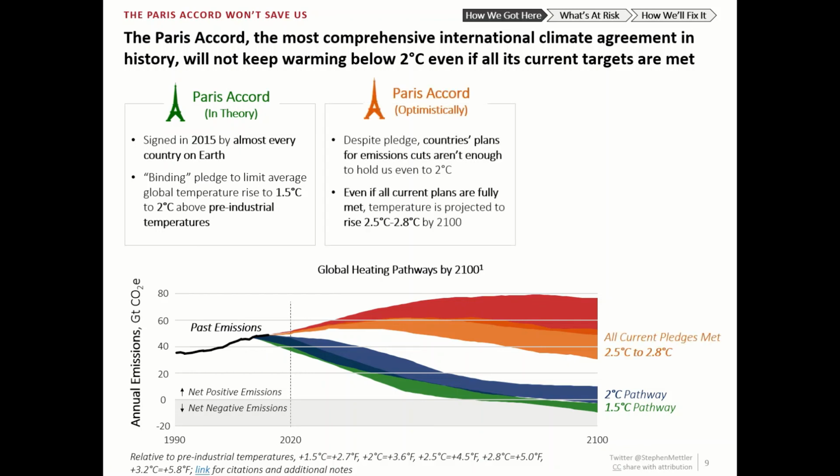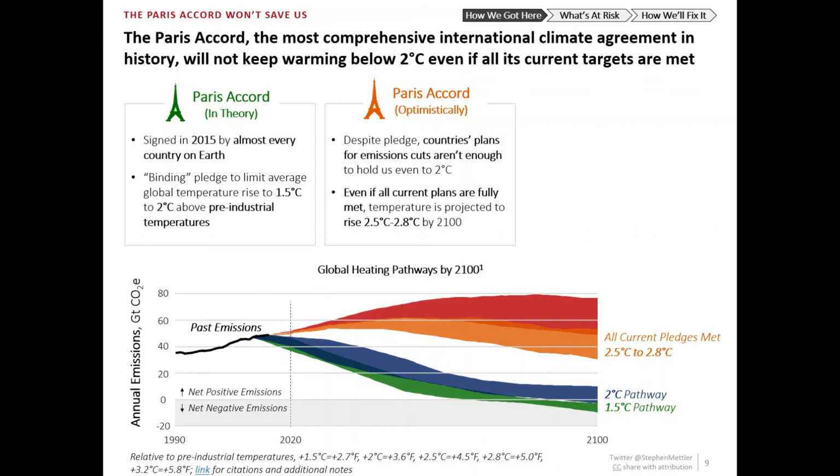Optimistically, the Paris Accord is going to get us in that orange range, because despite the pledge that countries made, the actual individual plans for emissions cuts, if you add them all up, are not enough even to hold us to 2 degrees Celsius. Even if all of the plans are fully met, and that includes meeting a lot of promises and allocating a lot of funding that have not yet been followed through on, temperature is projected to rise by 2.5 degrees Celsius to 2.8 degrees Celsius by 2100.